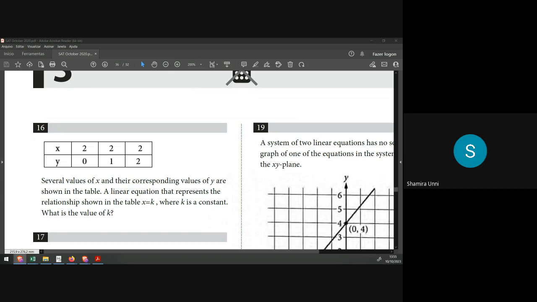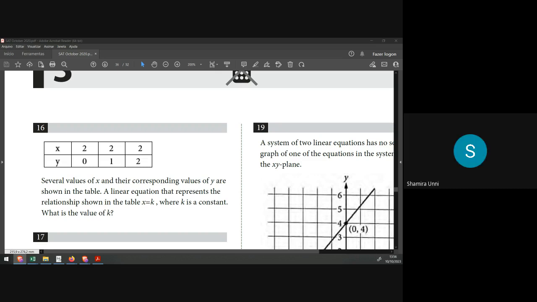I don't know because I don't know what the hell K is. Like where is K? A linear equation. Do you know what is a linear equation? y equals mx plus b. So we have a lot of points for this equation, okay?